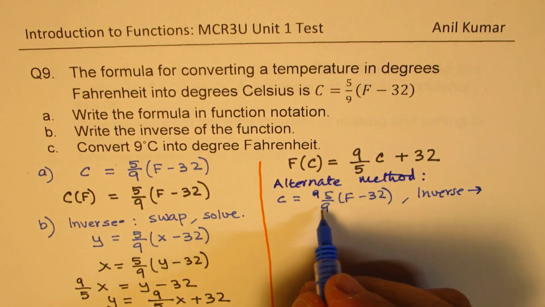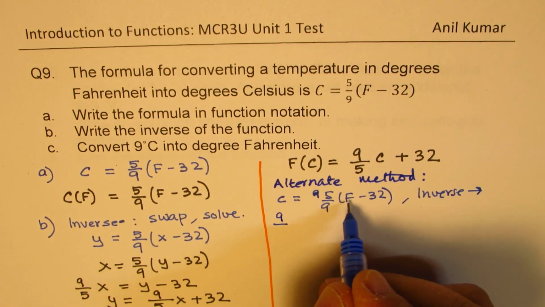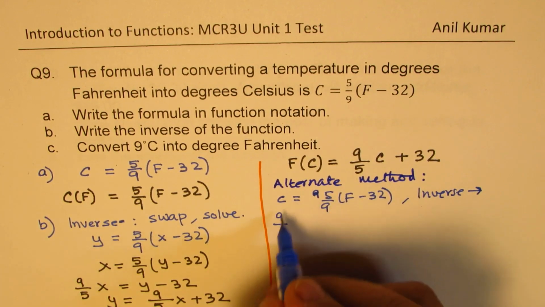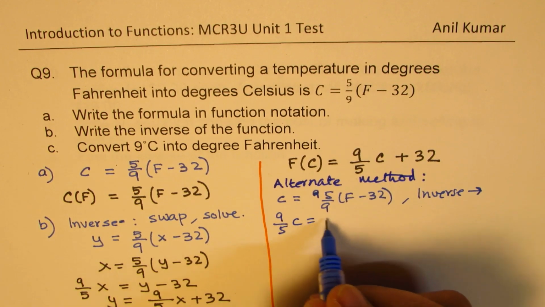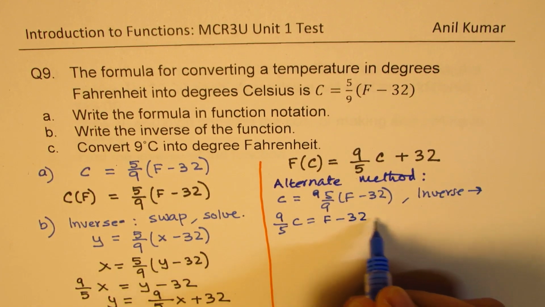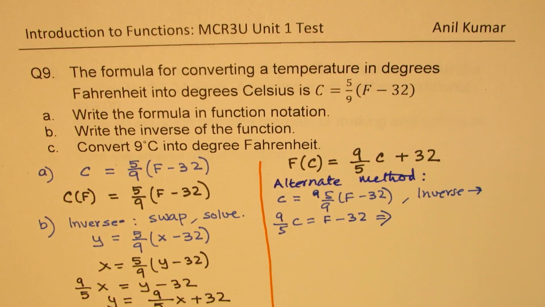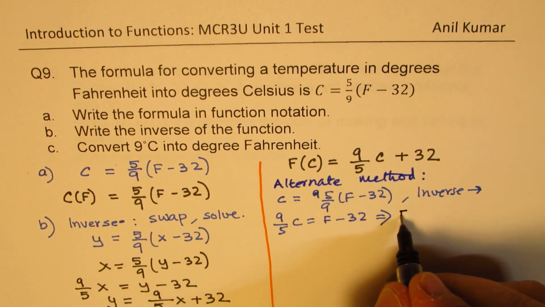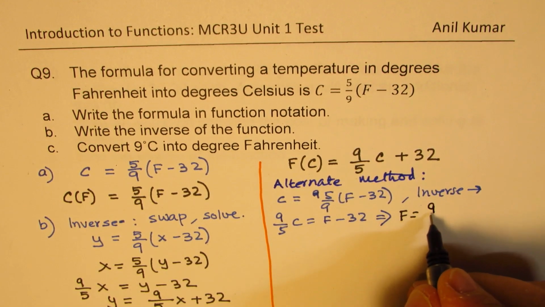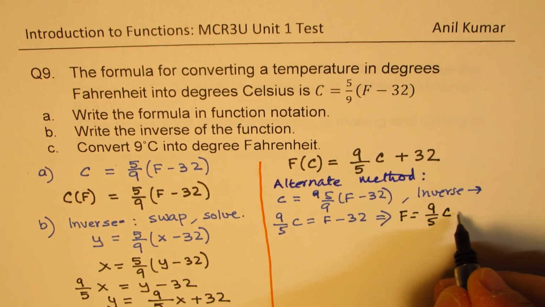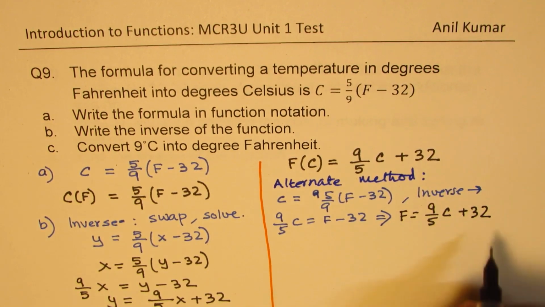Inverse means to swap, so we need to find what F is in terms of C. We'll just cross multiply, we get F minus 32, and that results in the answer F equals 9 over 5 C plus 32. Is that clear to you?